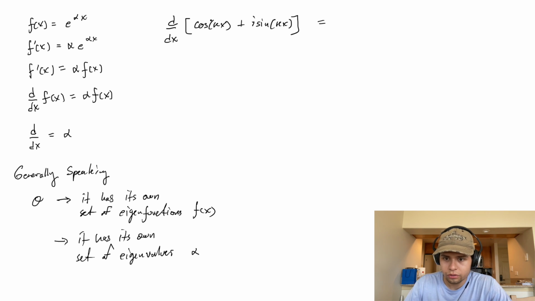The derivative of cosine of kx is negative k sine of kx. If you remember this from calculus, we're basically doing chain rule here. And then plus ik, we have this i, multiplying it by the constant k, and this is cosine kx.